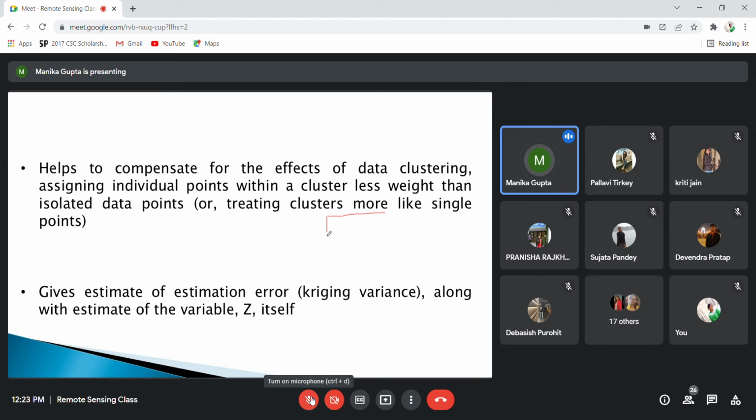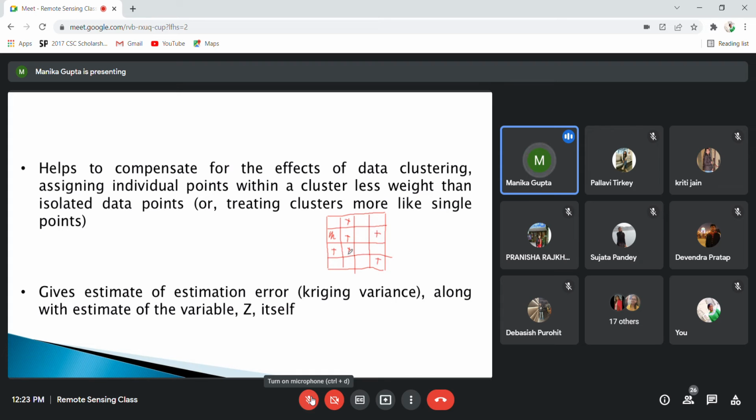If we have to calculate the value for this raster cell, and these points are known to us.